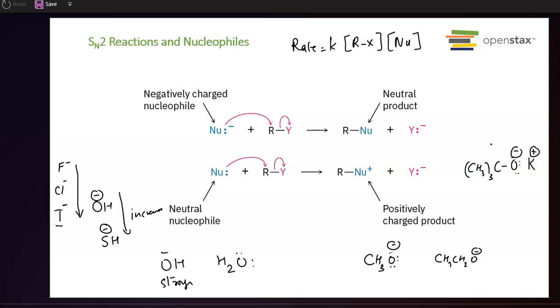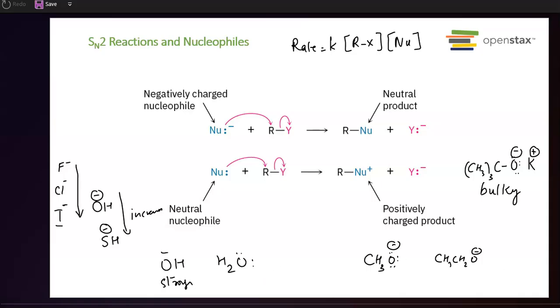If you look at this, it looks like a negatively charged species, so it should be a strong nucleophile. However, it is not a good nucleophile for SN2, again because it is bulky in nature. So we do not want bulky nucleophiles, we want small nucleophiles. So some of these are good ones.